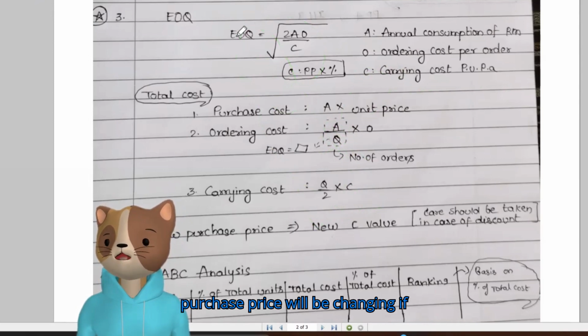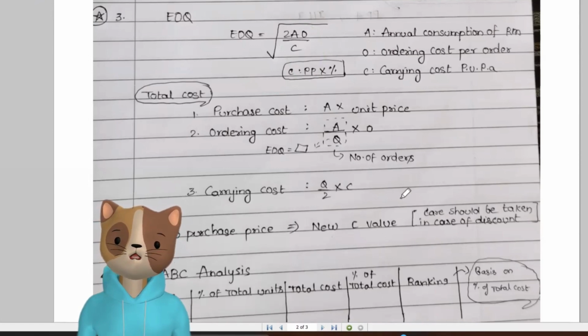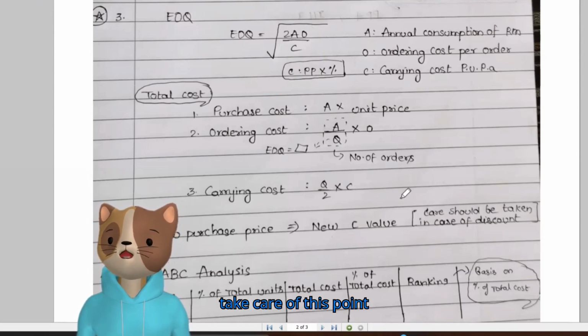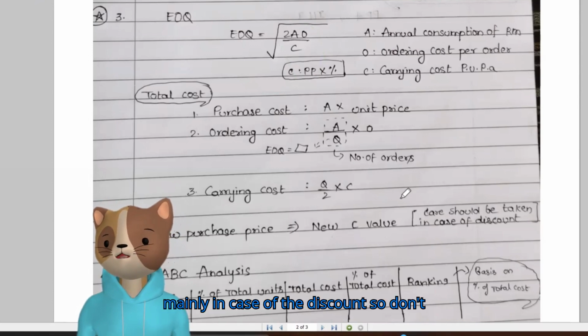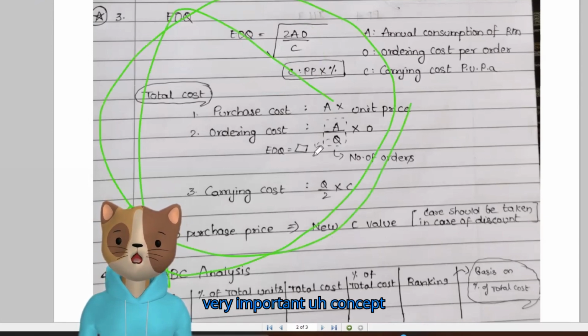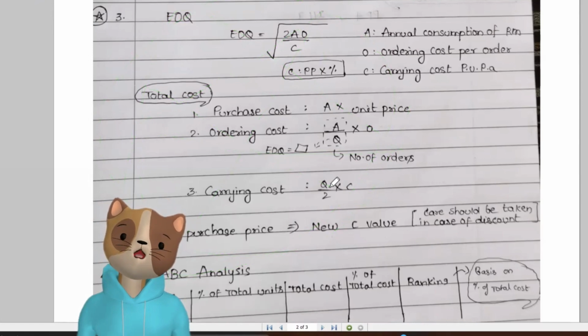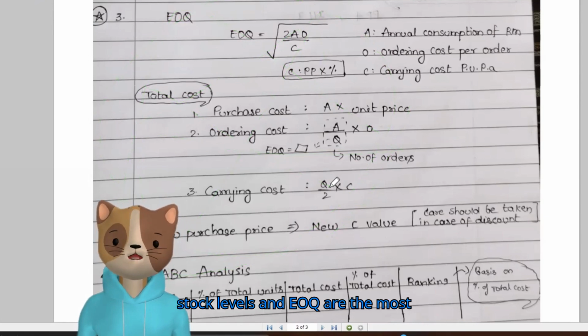In that case, the purchase price will change. If the purchase price changes, automatically the value of C also changes. So new purchase price, new C value. Take care of this point, mainly in case of the discount. So don't forget about this. This is a very important concept for material costing. Stock levels and EOQ are the most important.